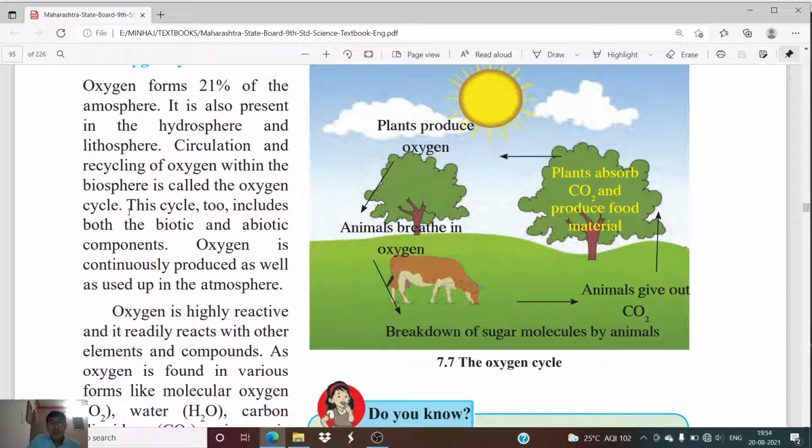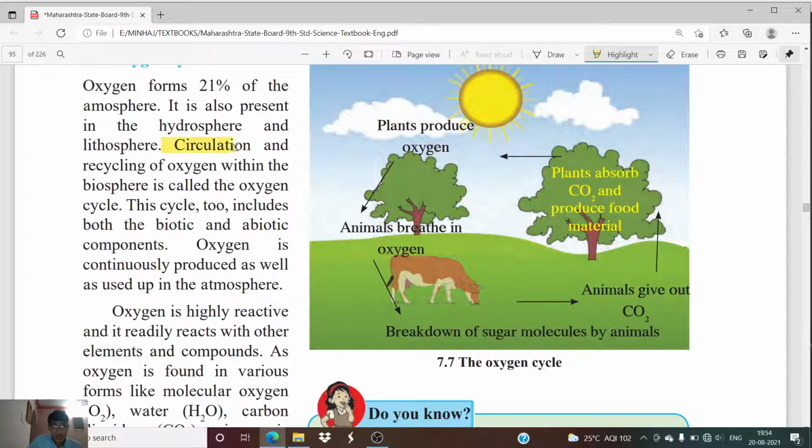Circulation and recycling of oxygen within the biosphere is called the oxygen cycle. So what is the oxygen cycle? It is the circulation and recycling of oxygen, O2 gas, within the biosphere.